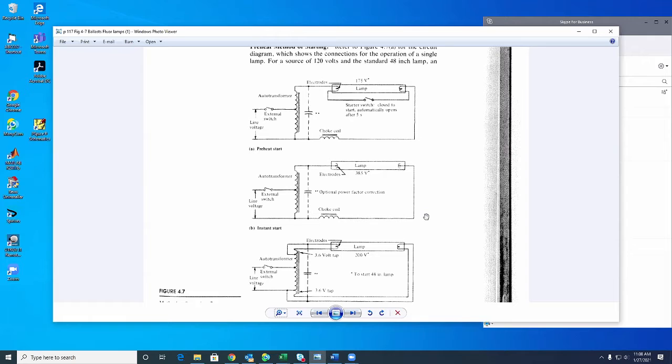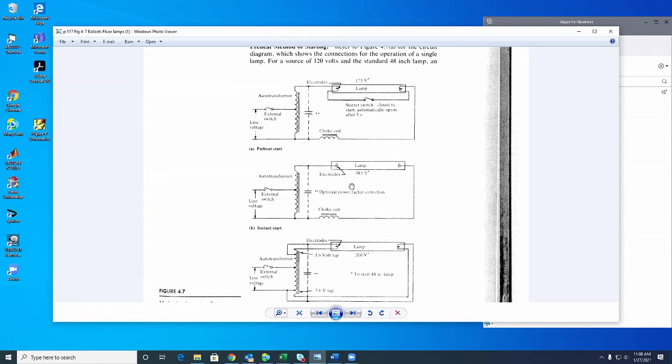Now, you can see the transformer, which produces high voltage. In all three, produces high voltage needed for the breakdown. Now, in the top, the lamp has 2 pins on each side.